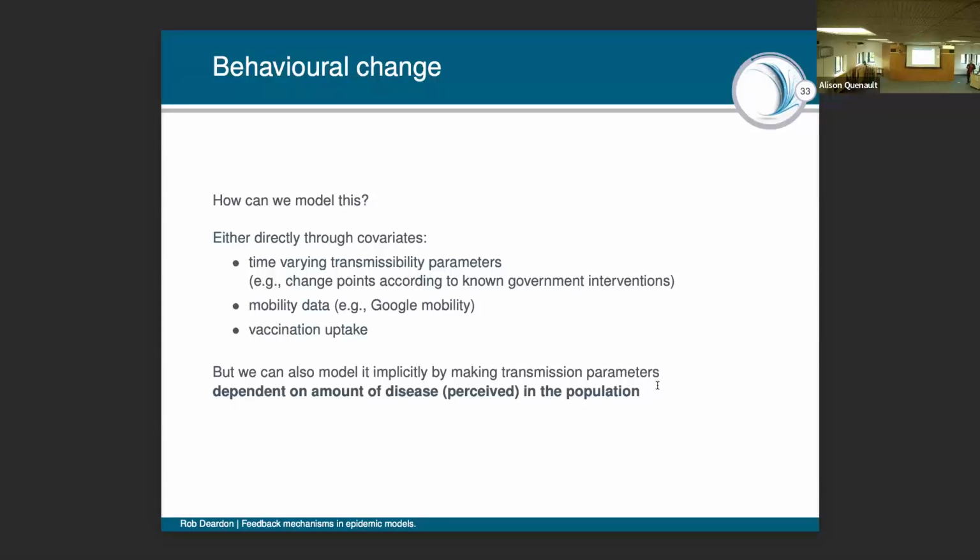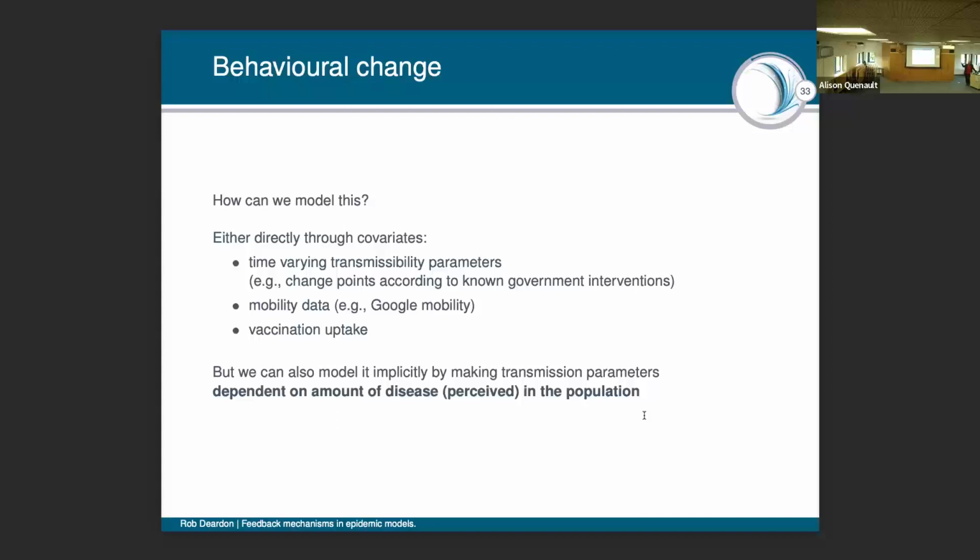But of course, in lots of situations, you wouldn't have covariates like that, or you might have covariates, but they don't capture everything that the population is doing. So the other thing you can do, and as people have done before, is to make that transmission rate depend on the amount of disease in the population.